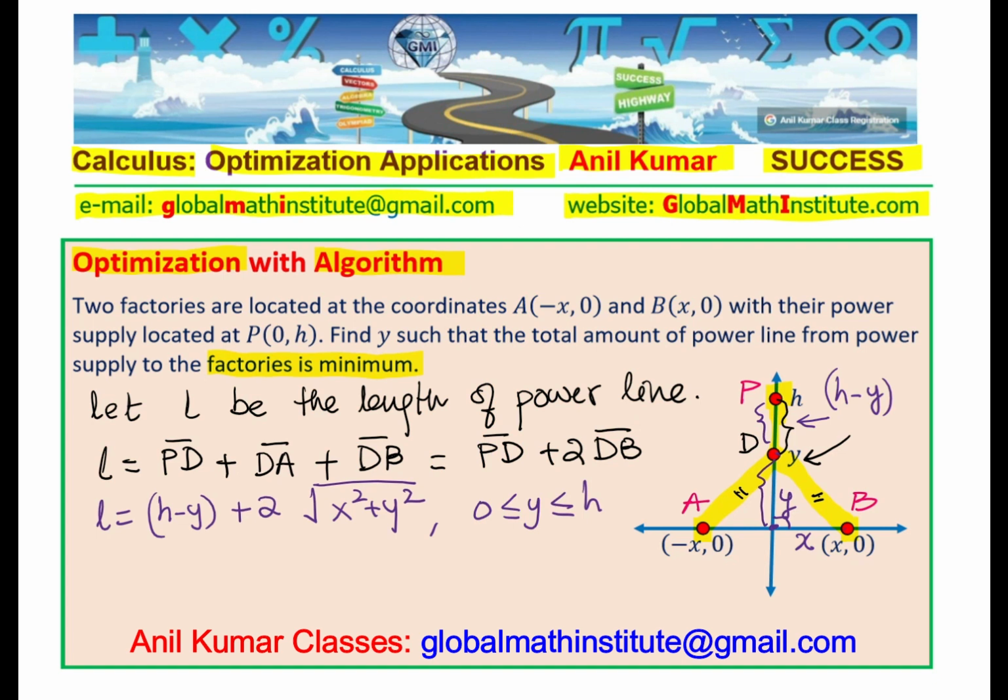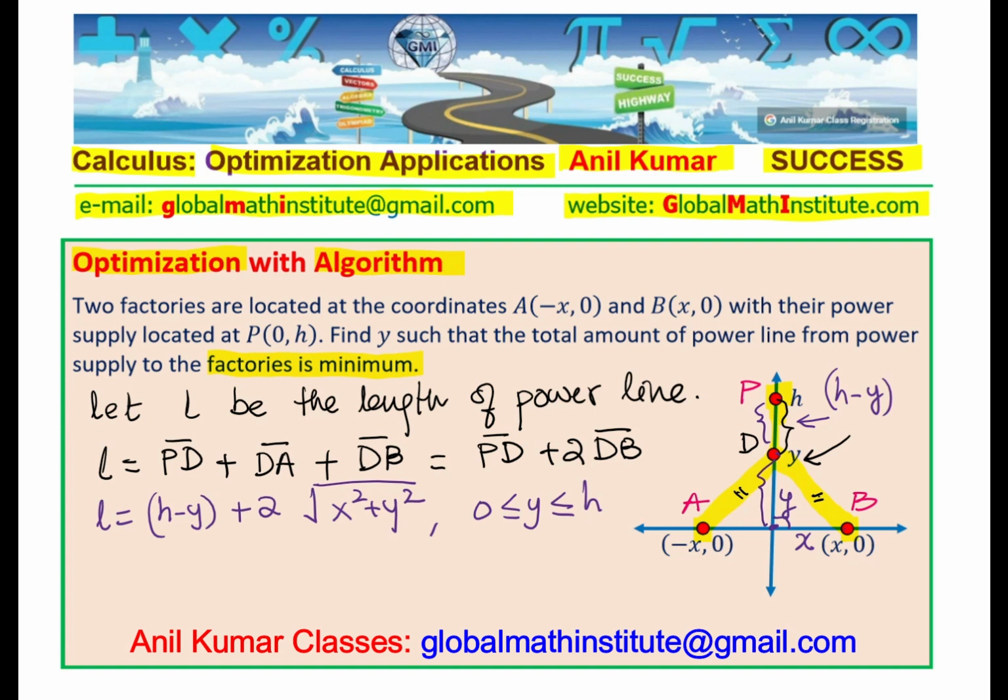That will be very convenient for us. So the absolute minimum value is what we will now get. Where y could be from 0 to h, we just need to find the critical point and check the values at 0, at the critical point, and at h to decide which length is minimum. Is that okay? Perfect. So you got the relation here.